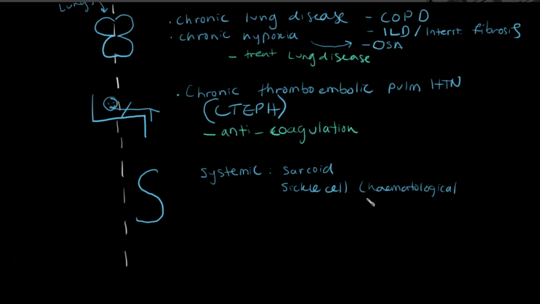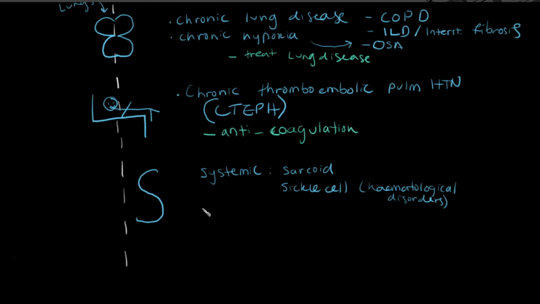There are a bunch, and this is not an exhaustive list, there are more. Obviously, systemic includes the SLE and scleroderma and stuff, but this just captures the ones that are not related to the vascular causes.